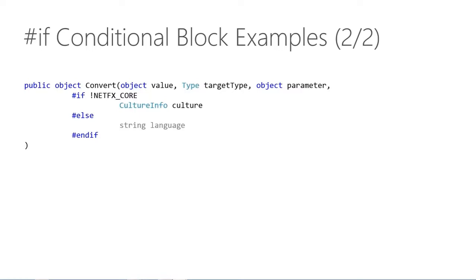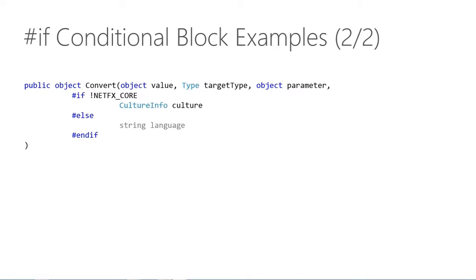This is another example, perfectly legitimate, but in my mind, it does make the code a little bit harder to read. It's certainly usable, and it is legal and legitimate code. Here we're using the Convert method where if it's not Windows 8, then we're using CultureInfo culture. Otherwise, we're using string language.